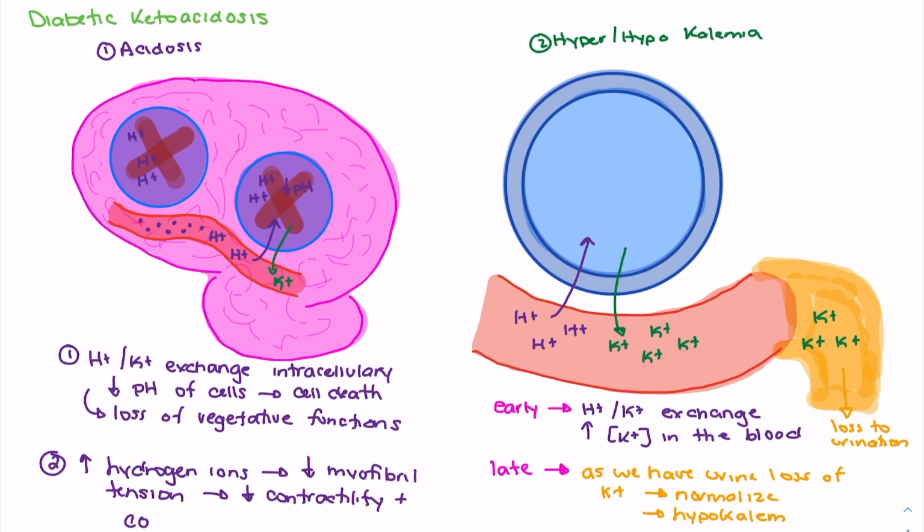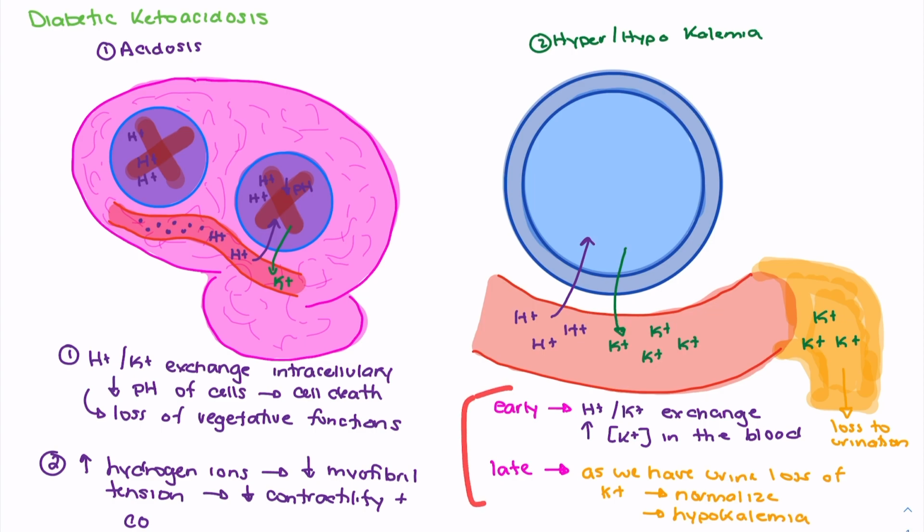So the patients are at risk of development of arrhythmia. We've talked about this in previous videos, but we can see things like tachydysrhythmia when the patient is in hypokalemia, and then as we enter hyperkalemia, the patient can end up in either tachydysrhythmias or progress on towards bradycardia.